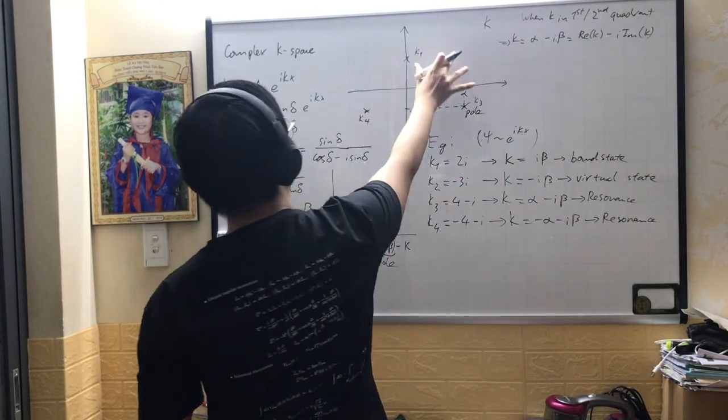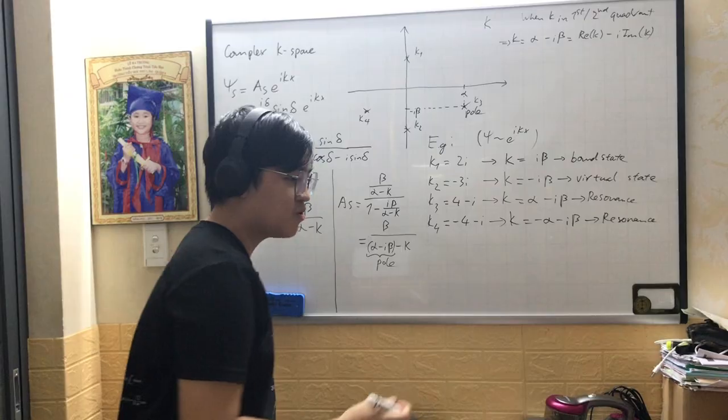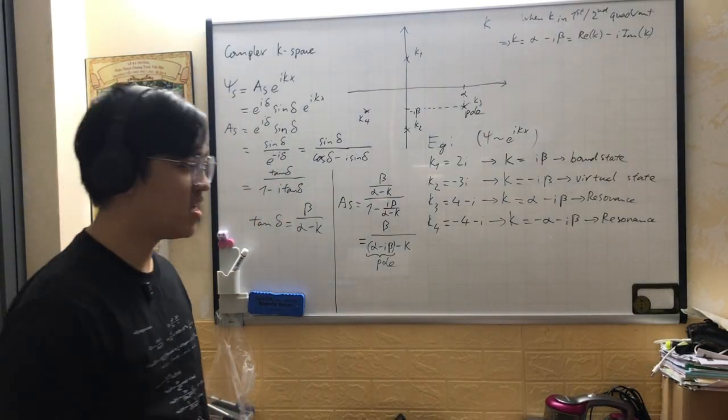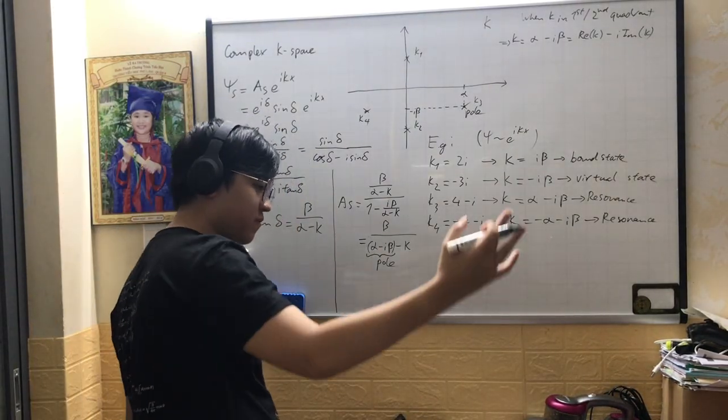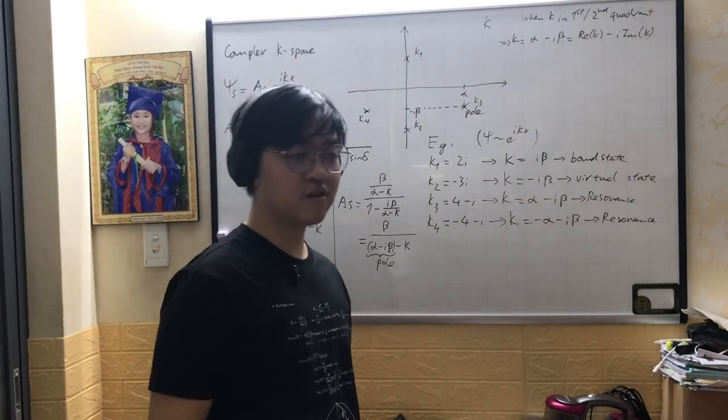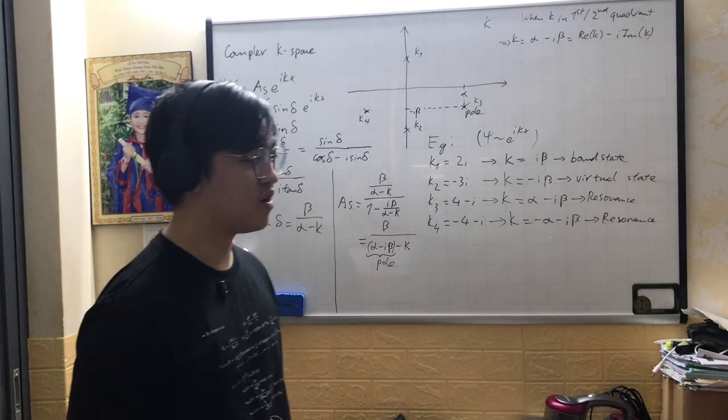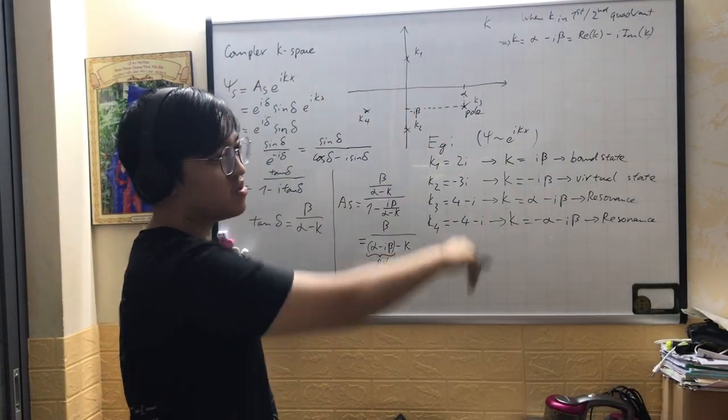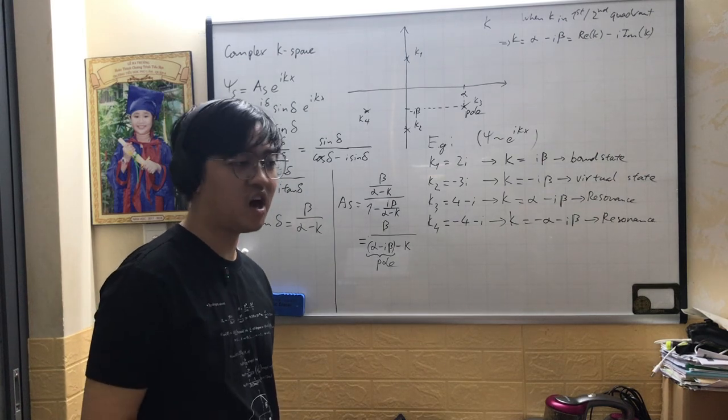And when you have this, you're going to get either a decaying function or a growing function. It solely depends on whether your real part and imaginary part have the same or the opposite sign.